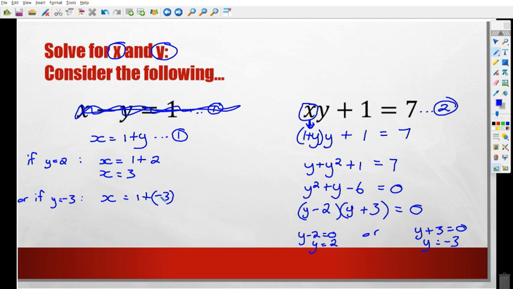Positive and negative is just a negative, so 1 minus 3 is negative 2. So when y is 2, x is 3. When y is negative 3, x is negative 2. Sometimes that will happen, but that's fine. If you have two values for y, then you get 2 values for x.